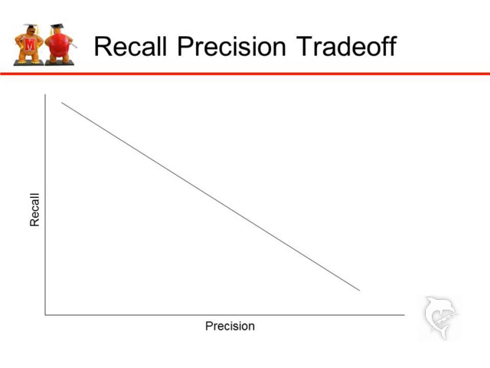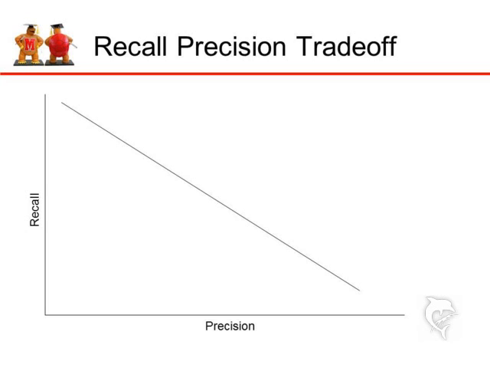So you're asking the system to be more conservative with what it retrieves, so that there's a greater likelihood that each time you click to read something, it actually has to do with your query. If that means leaving out some documents that might have been relevant, that's okay. You'd rather have a tidy results set. So that describes this recall precision trade-off that we see here.